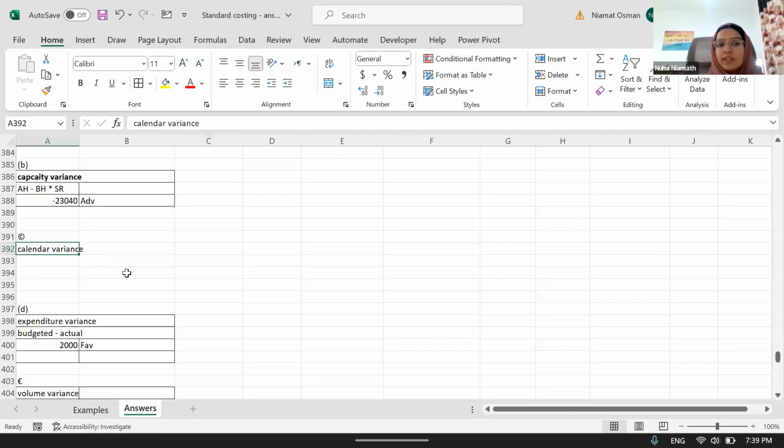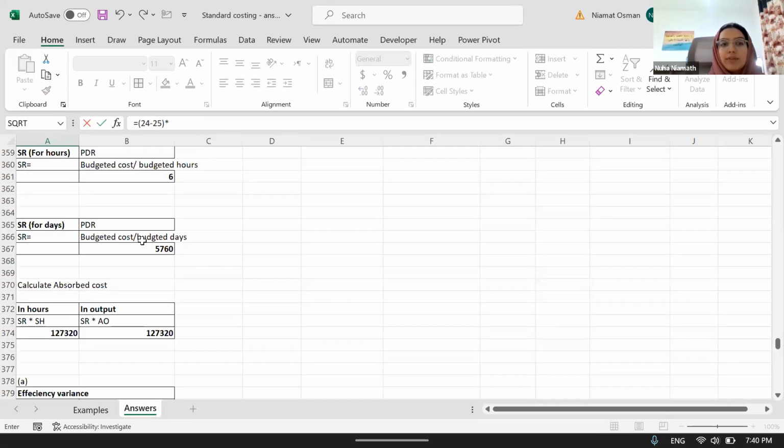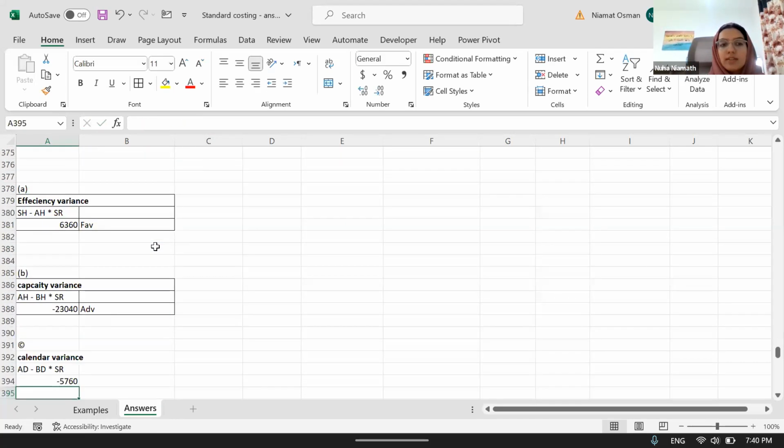Okay, calendar variance. What is it? ED minus PD into SR. So here we will need the standard rate on the basis of days. So what do we know? Actual days we took was 24. Actual days we had is 25. Multiplied by standard rate per day, 5,760.